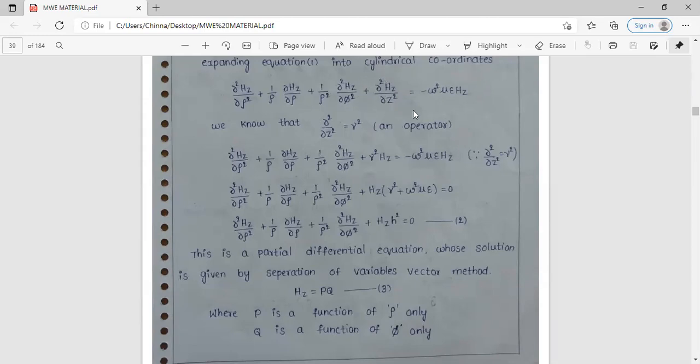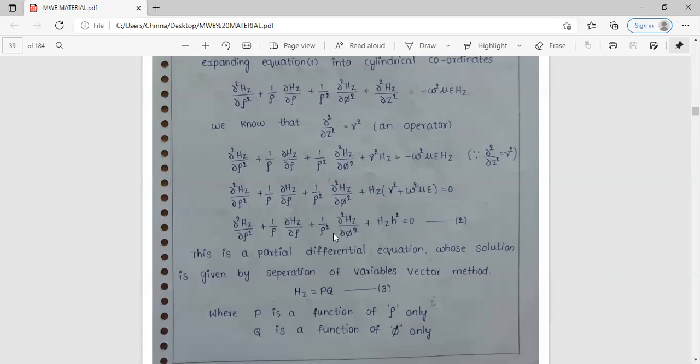So we replace only this term, because we know that dou square by dou z square is equal to gamma square. Hz is the common term here. Taking Hz common, the minus sign on the other side becomes plus, so Hz into gamma square plus omega square mu epsilon is equal to 0.